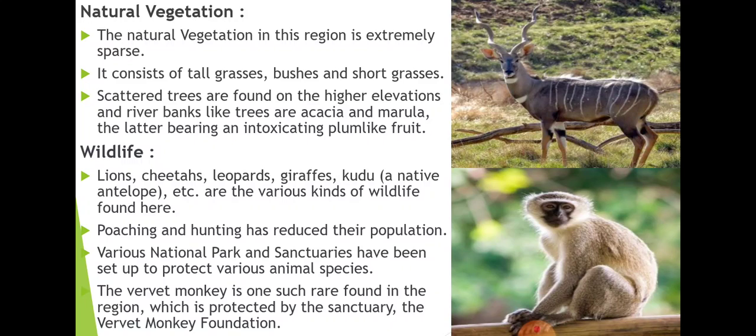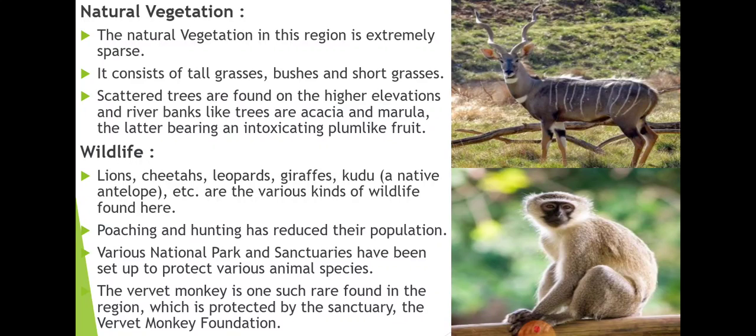Because of that, the population of the animals residing there has lessened over time. So it's the responsibility of the government. They have made several national parks, including sanctuaries as well, so that they can protect their animal species.